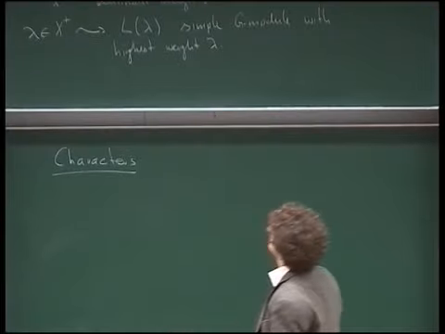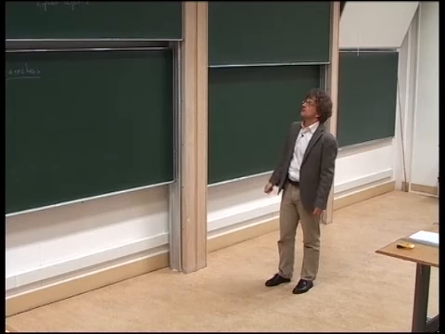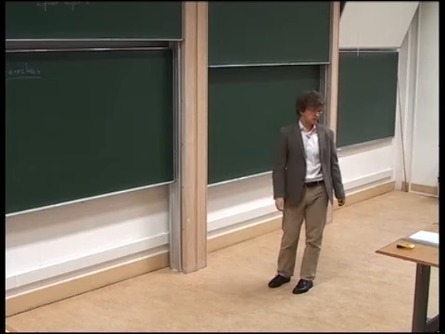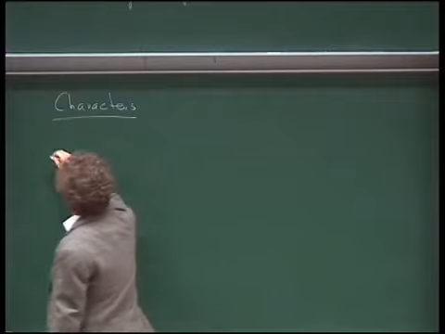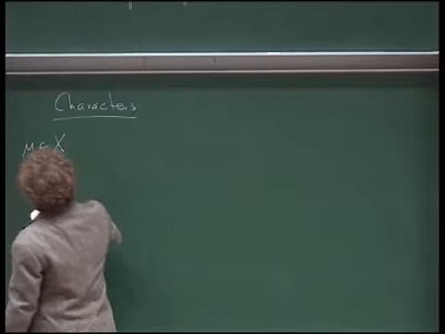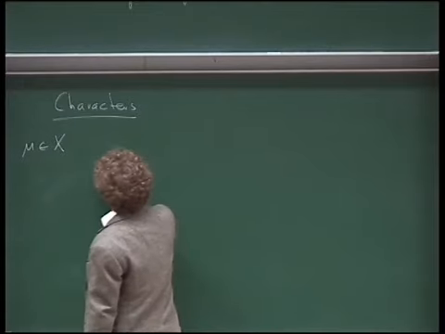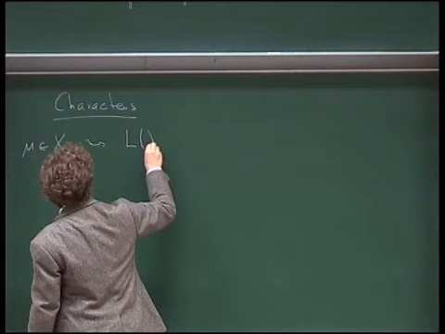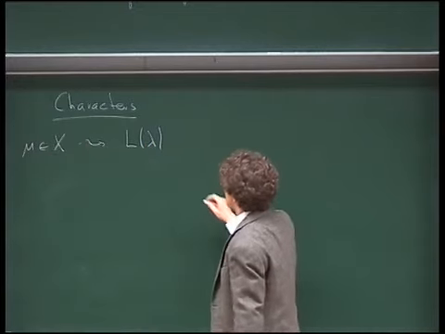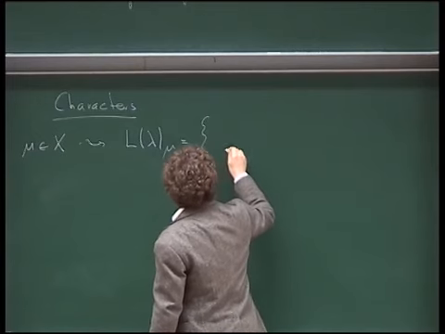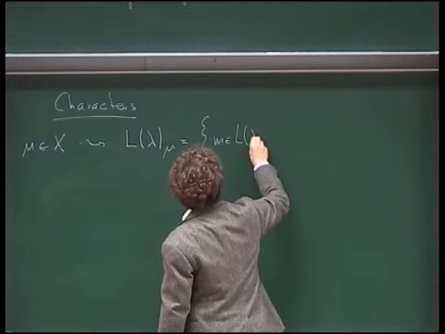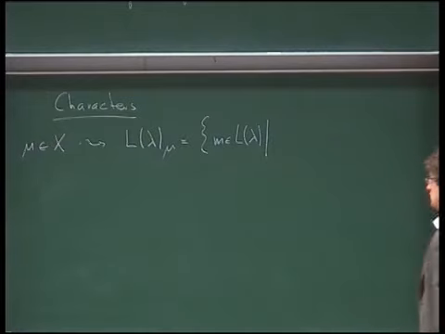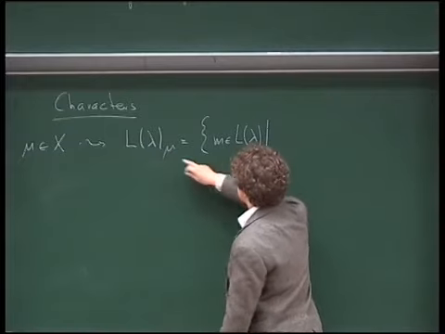The torus is a diagonalizable algebraic group, so it acts semi-simply on every rational representation, in particular on L(lambda). For any weight mu in X, we define L(lambda)_mu to be the set of elements in L(lambda) on which the torus acts by multiplication with a scalar given by the weight.